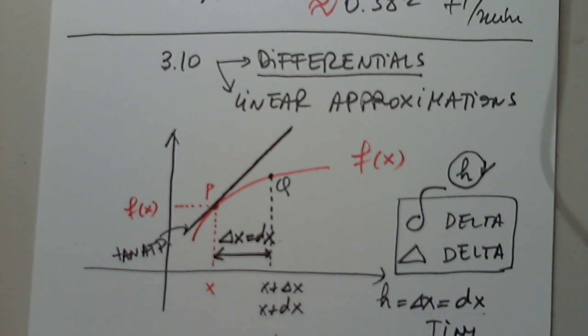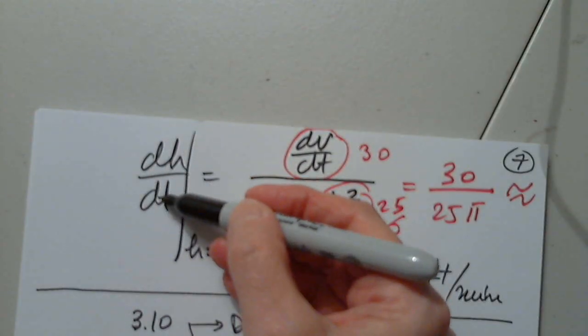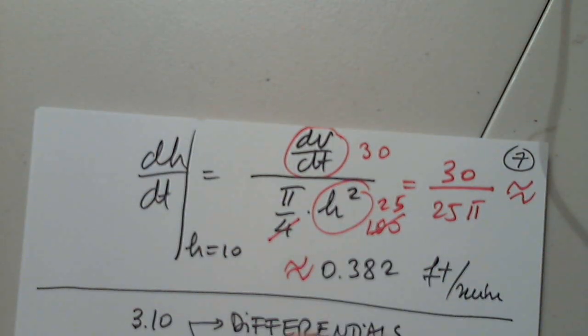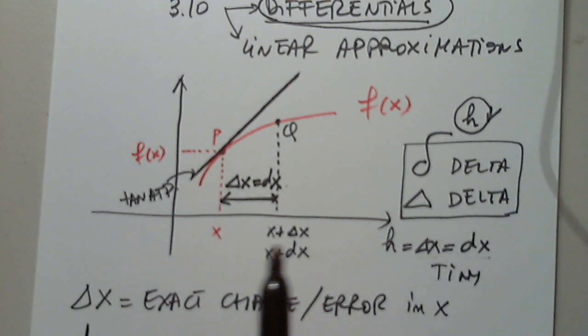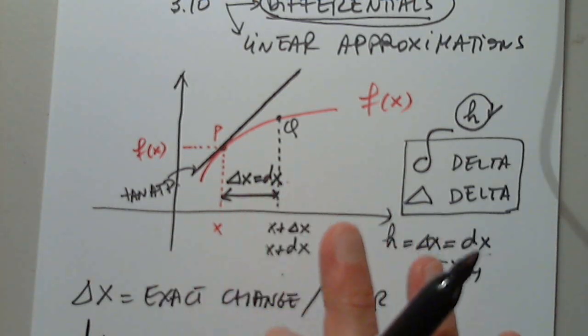Then what is dx? Delta x is the exact change, but dx involves the derivative. It is the same distance, but it involves a derivative. That's why we call it differential. So this is not the exact change. It happens to be equal.